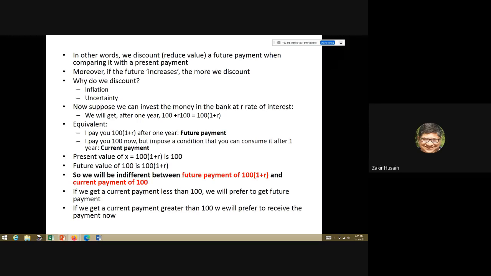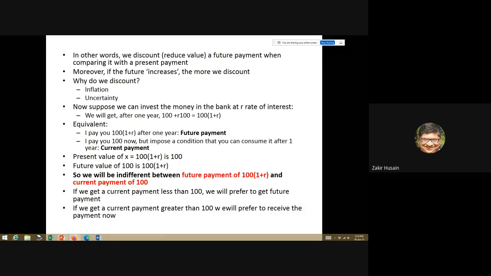We reduce the value, we discount it when we compare it with a present payment. So if I'm giving you 100 rupees now, you value this as 100 rupees. But if I say that I'm going to give you 110 rupees in the future, you don't make it 110. You reduce the value so that it becomes comparable with the present payment.